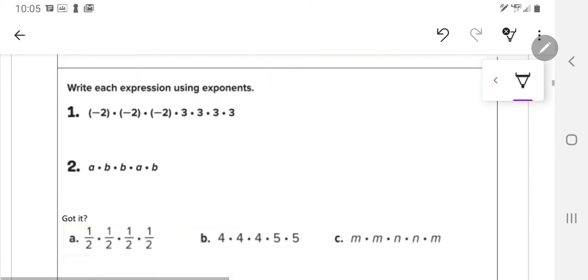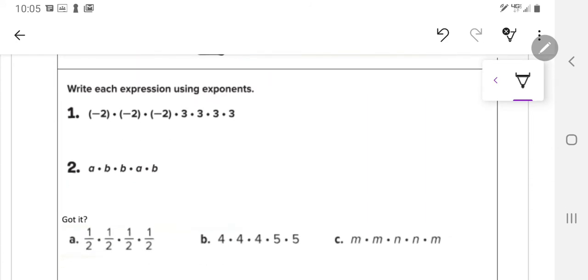All right, so let's get started on our examples. It says write each expression using exponents. In this case, we want to write it in the most simple version, but there's tons of versions we could write that would still be equivalent. So we see that we have 3 of the exact same factors, so that will be one of our bases.